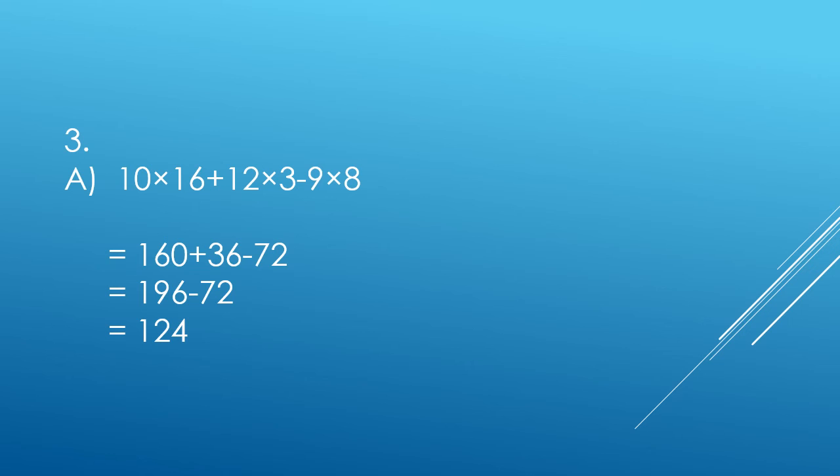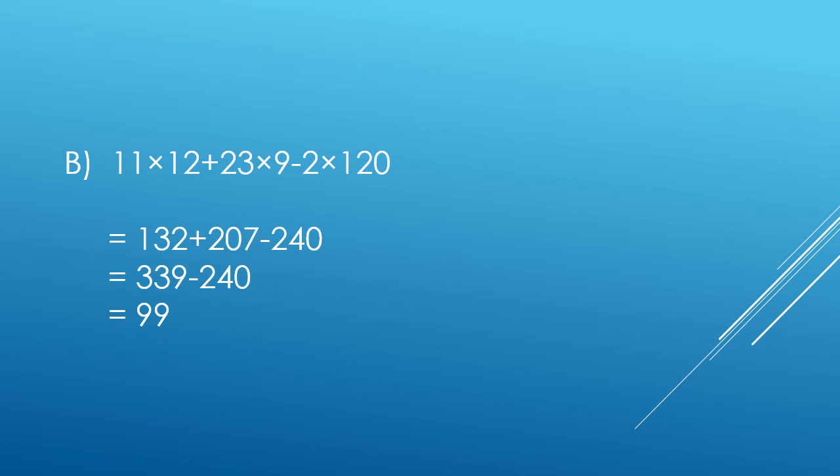Now you write 196 minus 72. Now you have to subtract. So after subtracting 196 and 72, we get our answer 124. So 124 is the answer for the given numeric expression. We have simplified it.